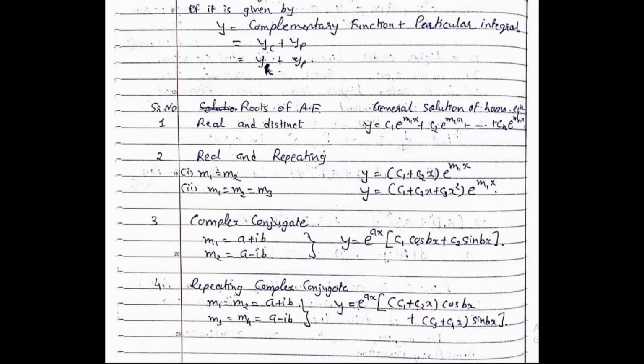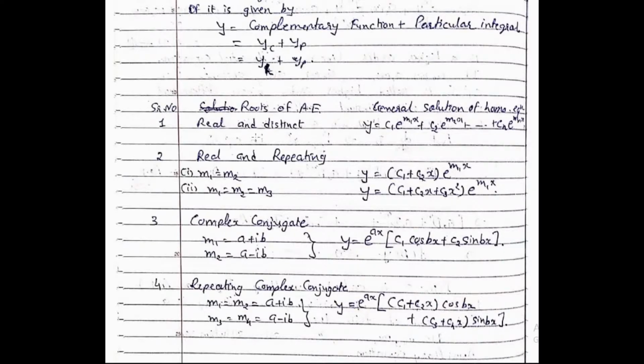Whatever the complementary function or the solution of the homogeneous equation, it always contains n number of constants. Whatever the order of your differential equation, that many constants are always in your solution.